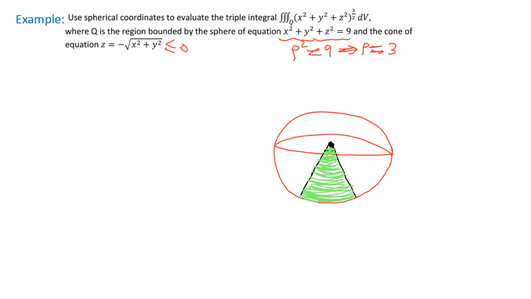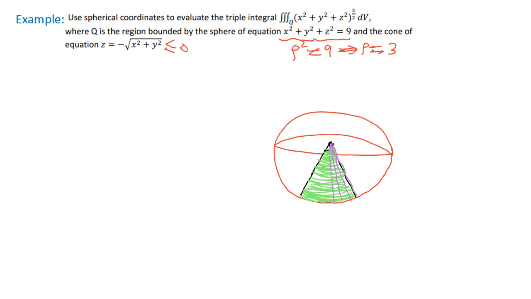Okay, so what are the limits for rho? Let's start with rho. Take any point and start rotating inside this cone.